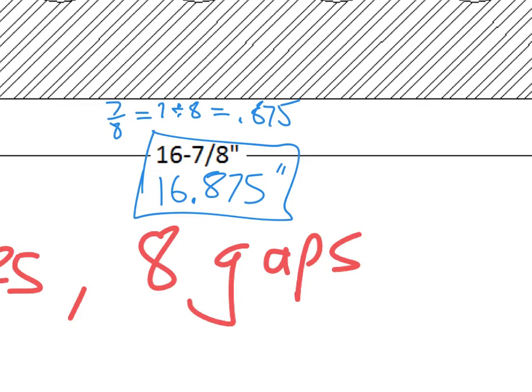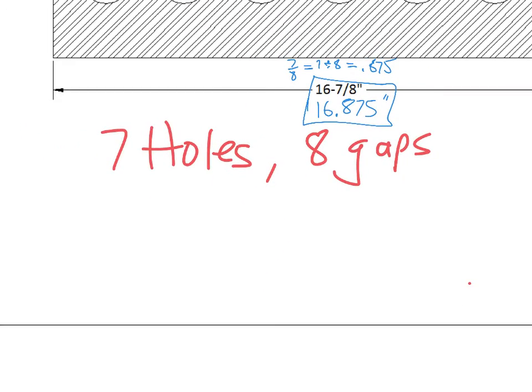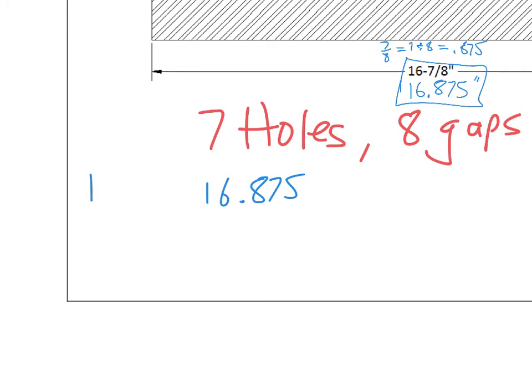Okay? So we're going to take that 16.875, and we want to find the total of all the gaps. Okay? So first thing we've got to find is the total gaps. Okay, so we're going to take the total distance across and subtract the 7 holes here, okay?